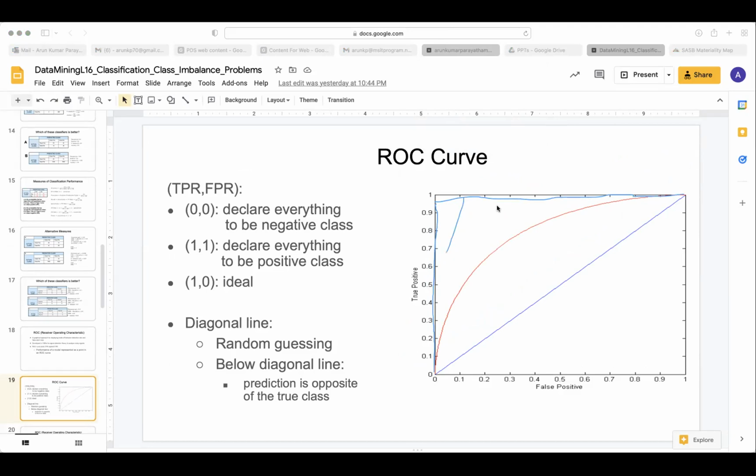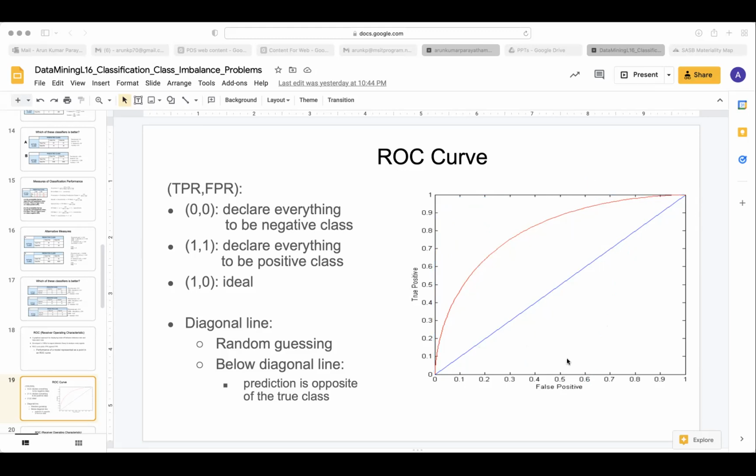Then you will cover all this area. That is the good thing. That is the ideal case. If you don't have the ideal case, then your curve will come like this. But any curve above the diagonal is somewhat better than below the diagonal. Below the diagonal is performing worse than random guessing.